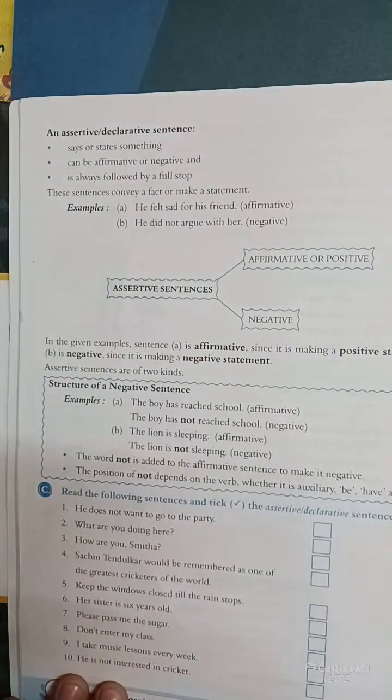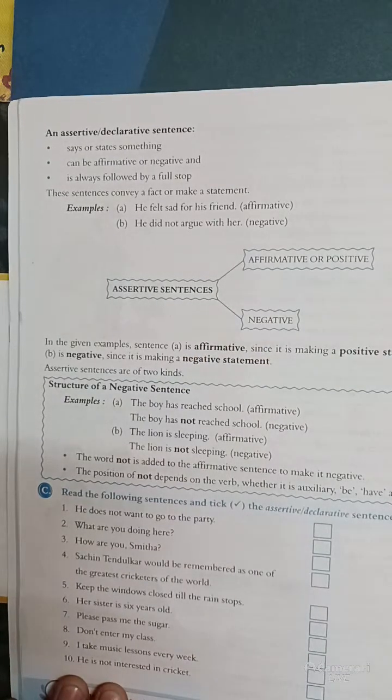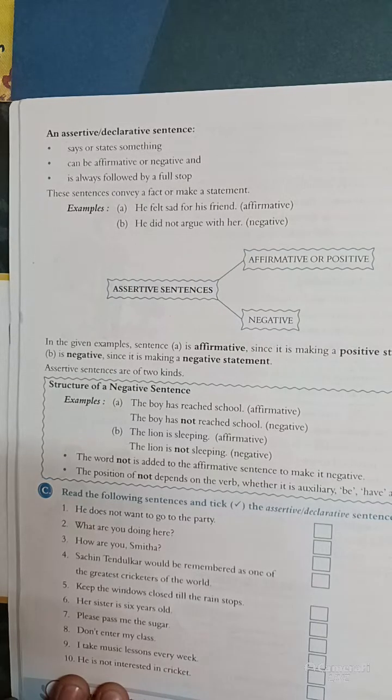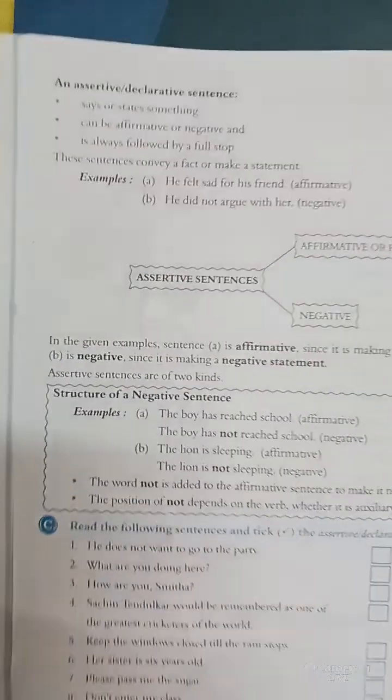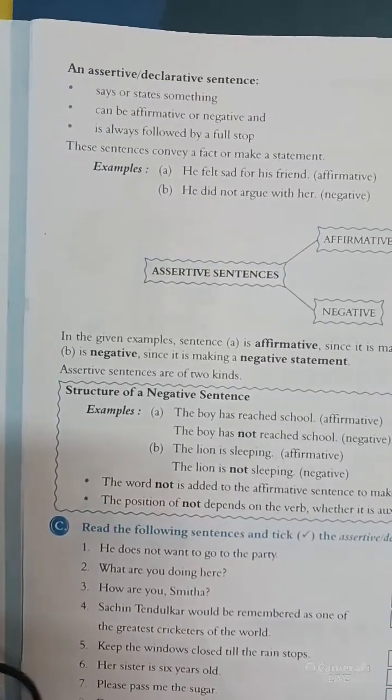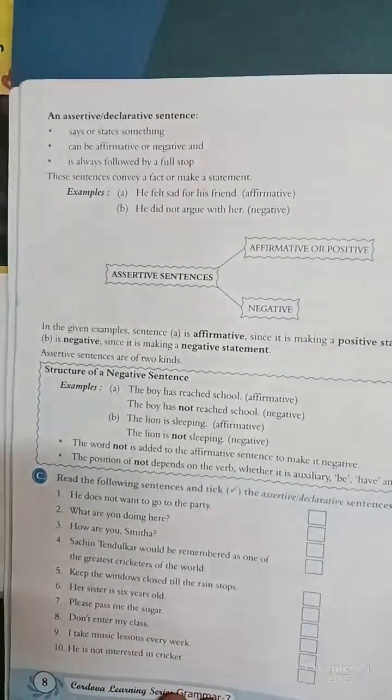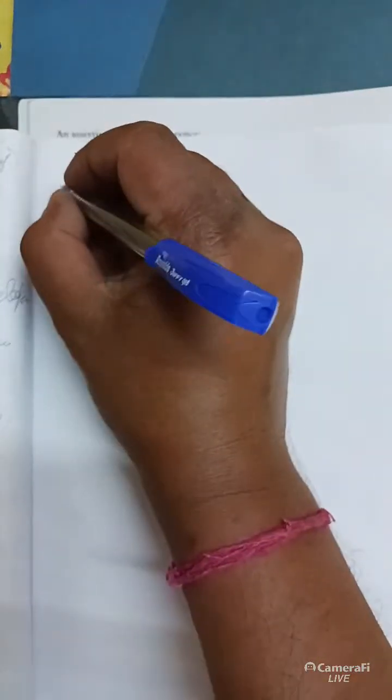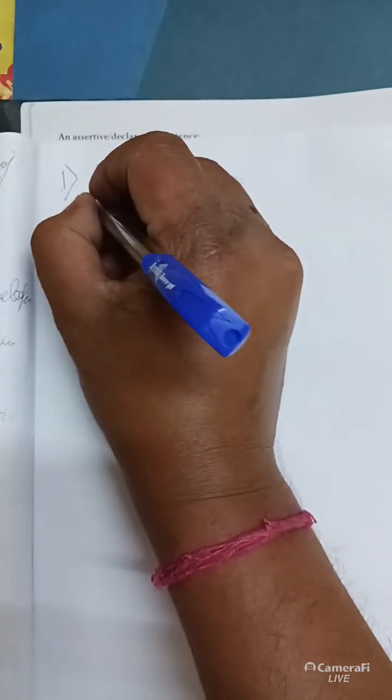So, let us understand what is an assertive sentence. We have found two examples: he felt sad for his friend and he did not argue with her. We need to know the definition of an assertive sentence.